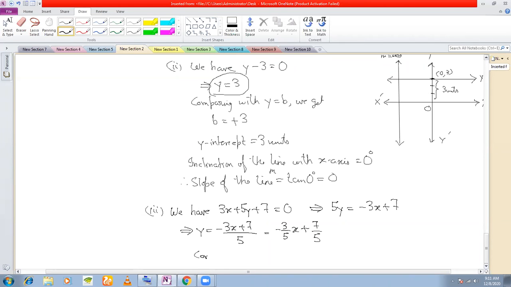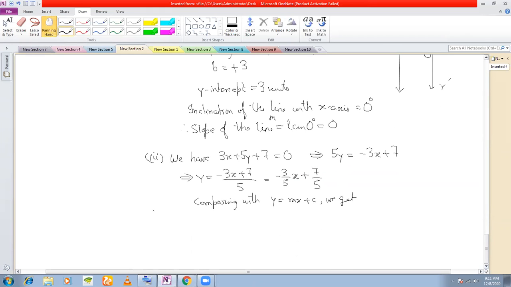So comparing with y is equal to mx plus c, we get slope m equal to minus 3 by 5 and y-intercept is minus 7 by 5 units. This is the y-intercept.